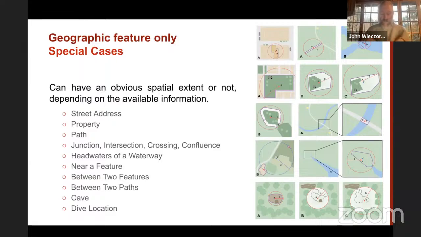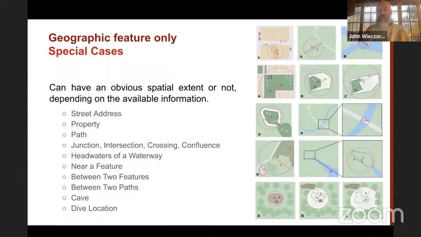Instead of just saying a town, for example, we're saying it's between two roads, so we have something to bound us very carefully on each side. Sorry, that's the example of between two paths. Between two features would be you have two cities and it's somewhere between the two cities.